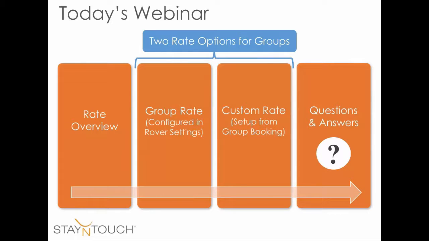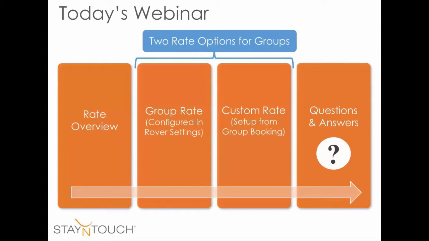We'll dive into a little bit more detail about group rates, how you set those up, as well as how you set up a custom rate, keeping in mind that both of these are applicable for your group bookings. And lastly, we will wrap up with a quick Q&A. We'll give you a chance to ask some questions and hopefully help give you a little insight along the way.